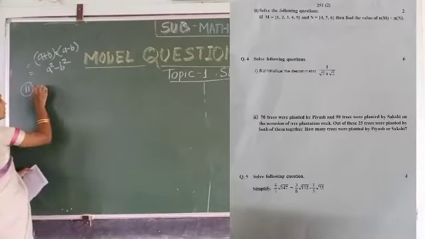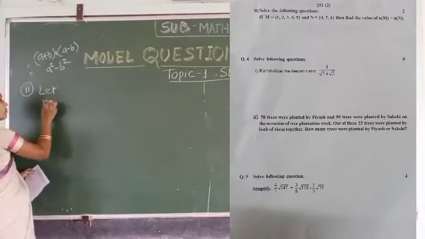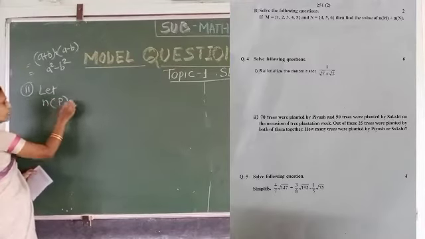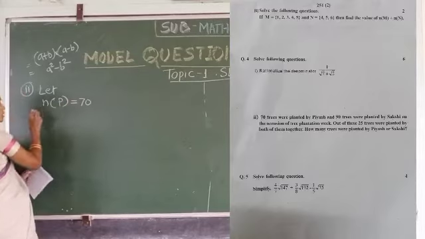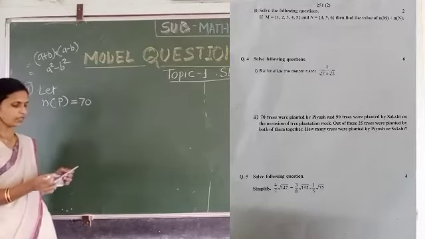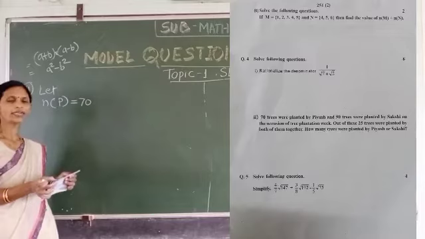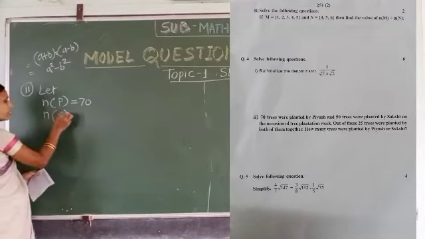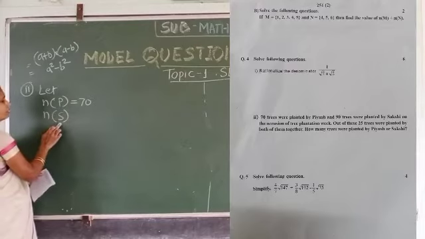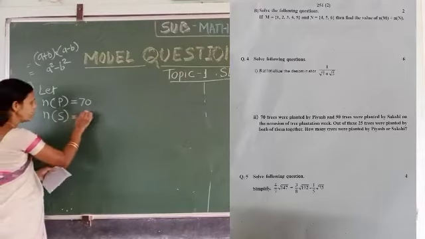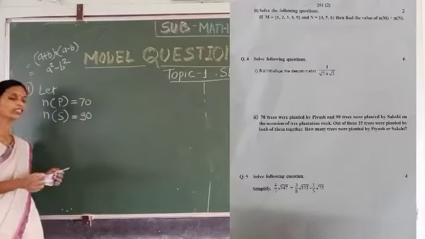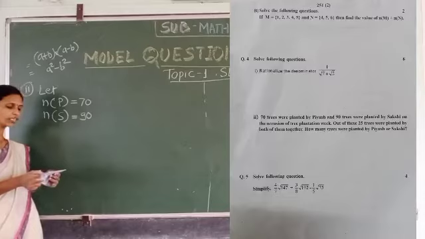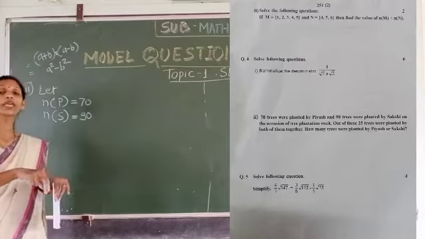Therefore, let us consider the number of trees planted by Piyush, that is 70, and 90 trees were planted by Sakshi. So the number of trees planted by Sakshi we denote by n(S), that is 90. And on the occasion of tree plantation, 25 trees were planted by both of them together.